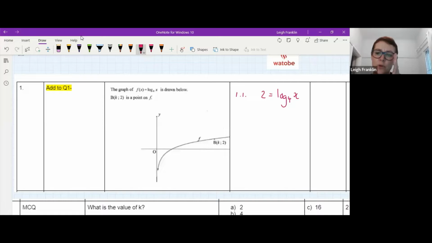And then if you have learned that little thing that I gave you, it becomes really easy to write this. 4 is our base, 2 is our exponent, and that was equal to our number x. So therefore x was equal to 16. Something like this would be worth 2 marks because there would be 1 mark for equating and another mark for the correct answer.